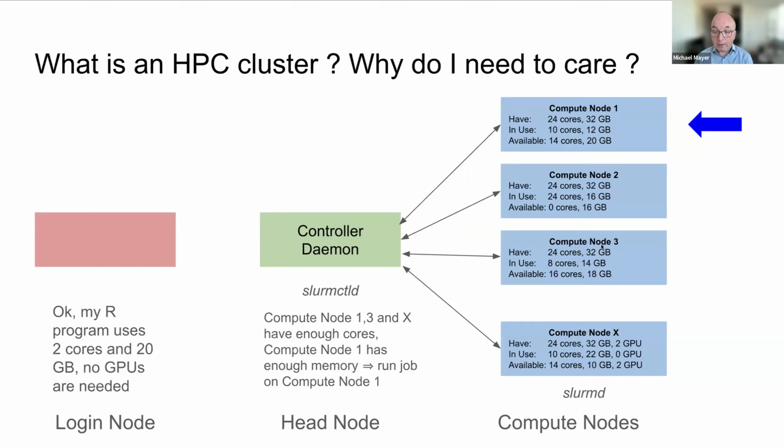All the others have less memory available. And in terms of cores, we only need 2 cores, so compute node 1 has 10 available, and that's all fine. That means that the controller daemon on the head node will decide, okay, this program runs on compute node 1.